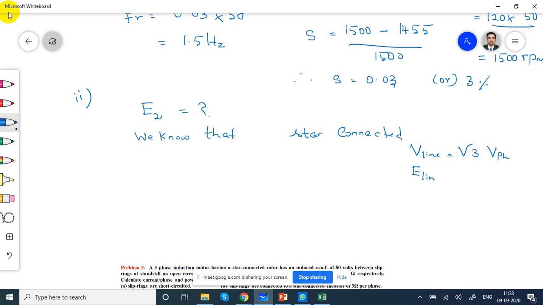E also represents voltage, so E line is equal to root 3 into E phase.